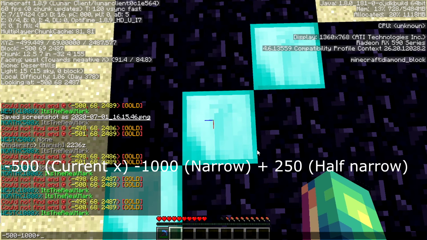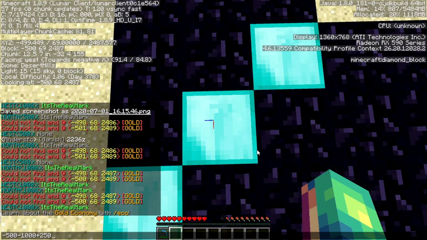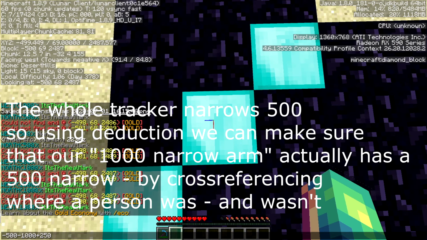And then I'm going to add half of my narrow, which is 250, which can kind of be confusing because I narrowed him to 1000, but we narrowed 500 on the whole tracker, so half of the 500 narrow is actually 250.